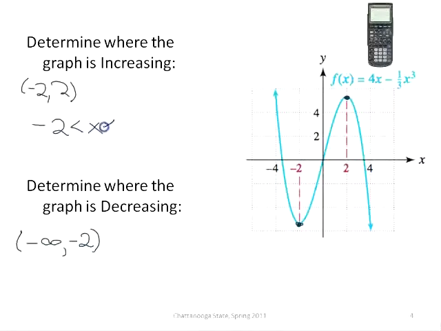If I were to write that with inequality notation, it would look like that, where x is between -2 and +2. And once I get past the +2, the graph starts decreasing again. So that would be the interval that starts at +2, and then the x's go to infinity. And because it's two separate intervals, I have to use a union symbol between them.